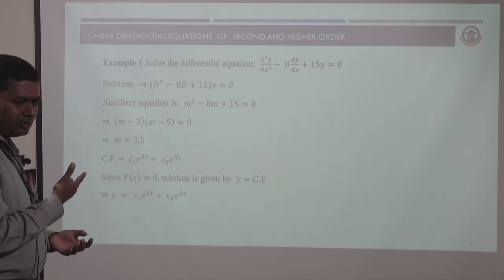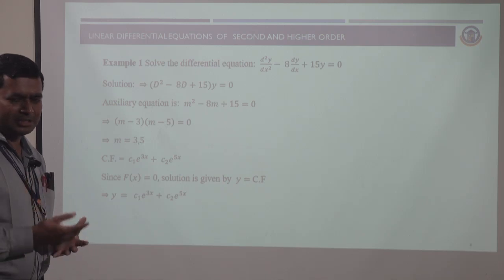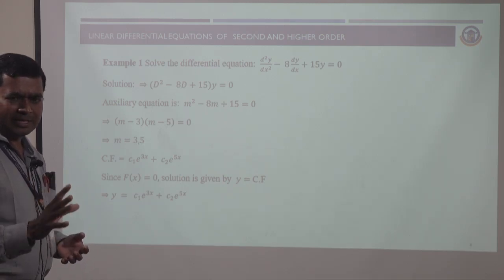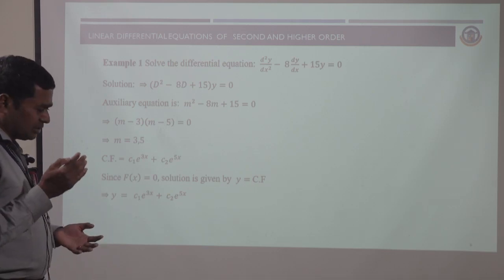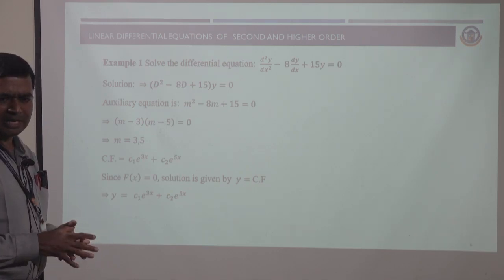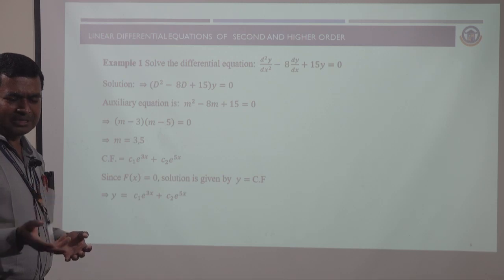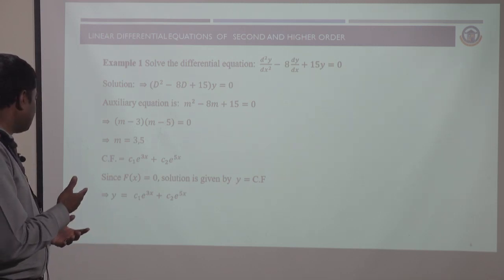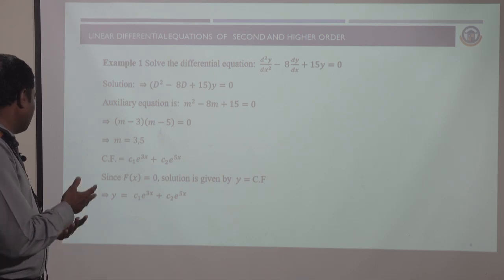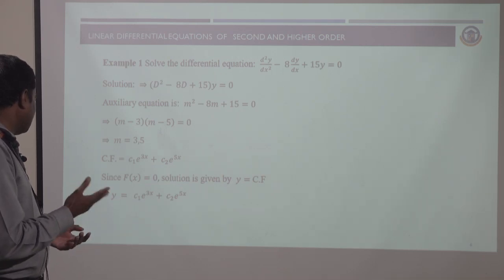Using synthetic division or the quadratic formula, minus b plus or minus square root of b² minus 4ac, whole divided by 2a, we can easily find the roots and whether they are real or imaginary. This is a simple equation, and the roots are m equal to 3, 5.